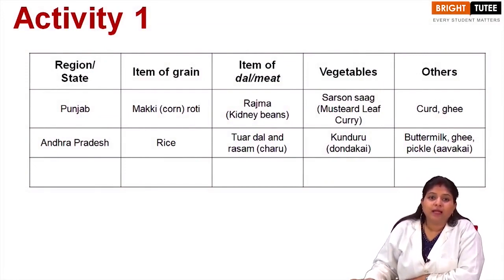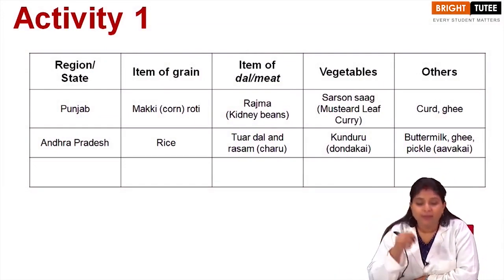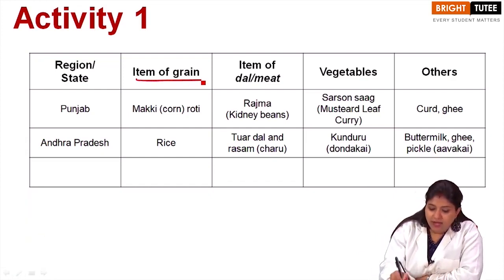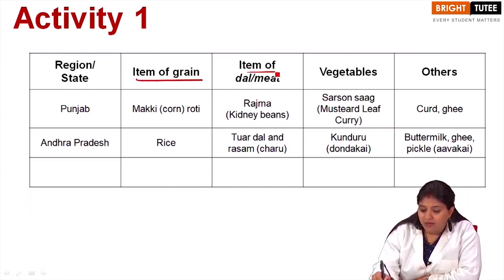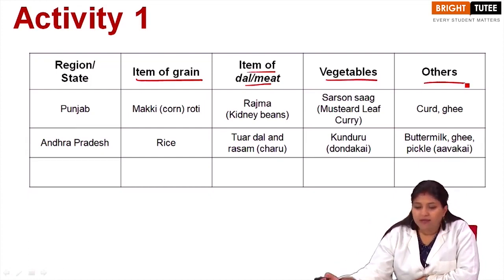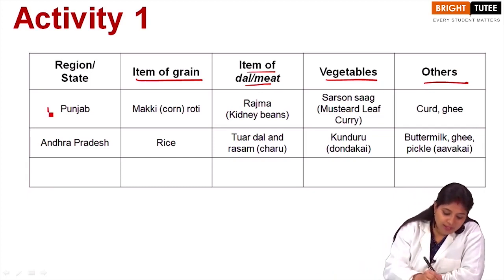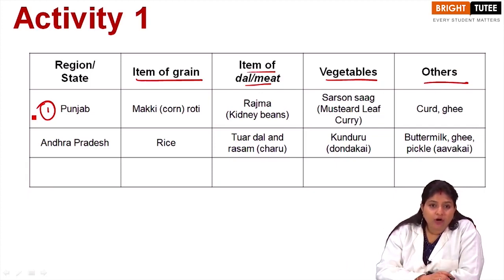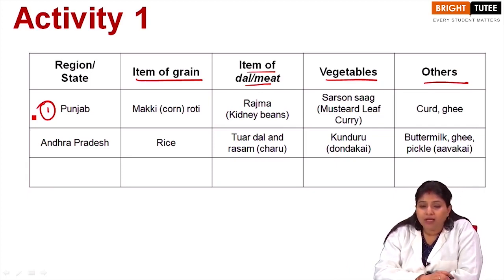Usually whenever we are talking about a complete and wholesome meal, the meal contains one item of grain, one item of dal or meat, vegetables, and other things. Now first of all, if we take an example of the area say Punjab, usually we have heard that people eat makki ki roti and sarson ka saag.